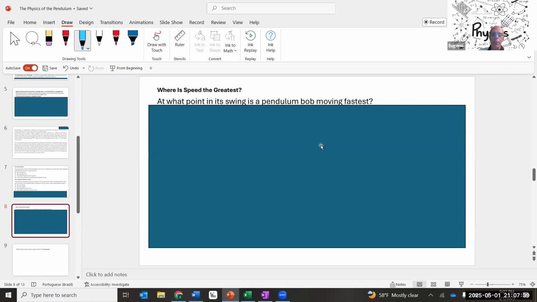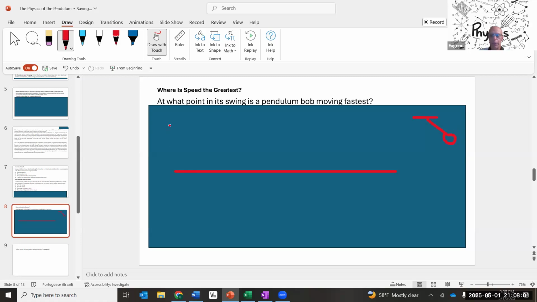If you were to graph velocity, it starts at 0 because I'm holding it, right? Remember, I'm holding it here, and here the velocity is 0.